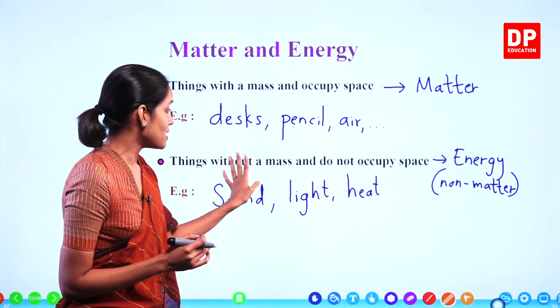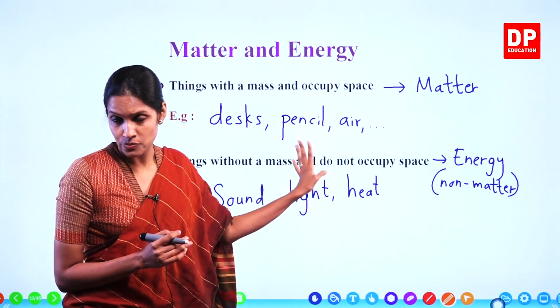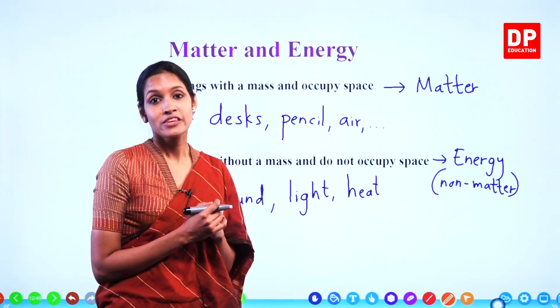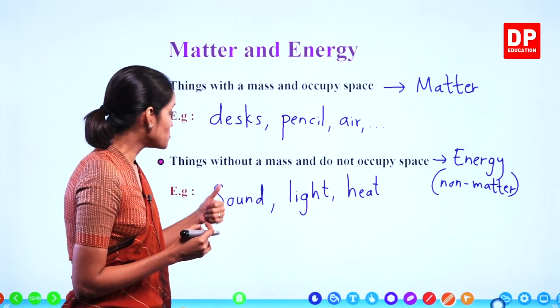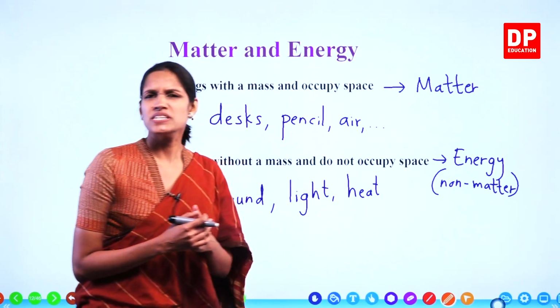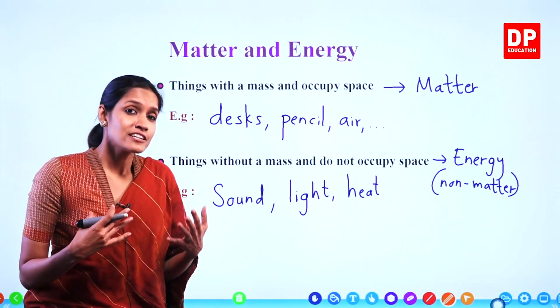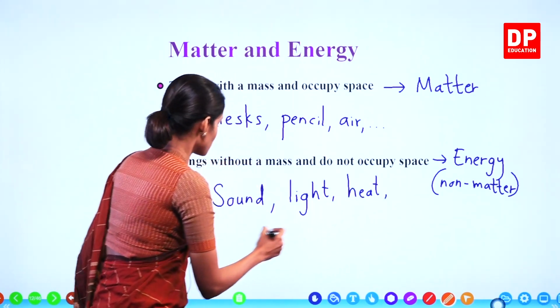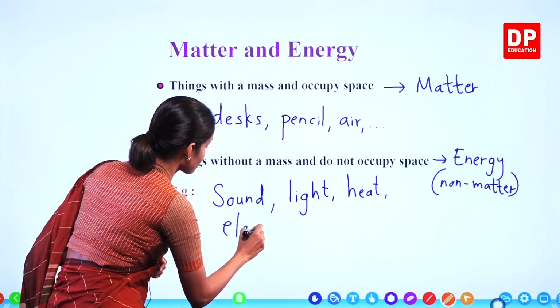They don't have a mass and they do not occupy space. And they are known as energy or non-matter. Examples: sound, light, heat. What are the other examples, children? Electricity. Electrical energy is also coming under this one. So I will write that as well. Electricity.